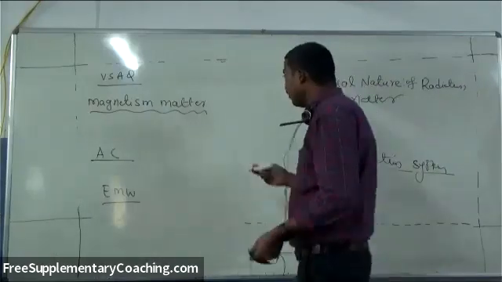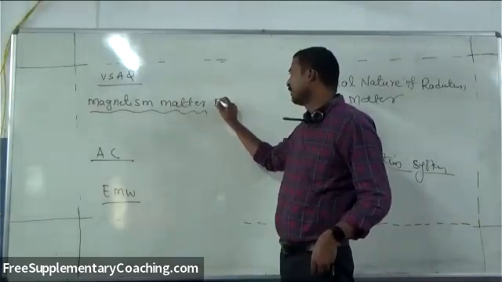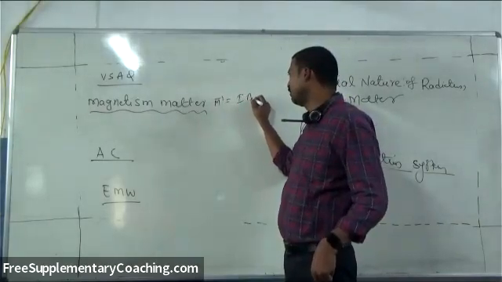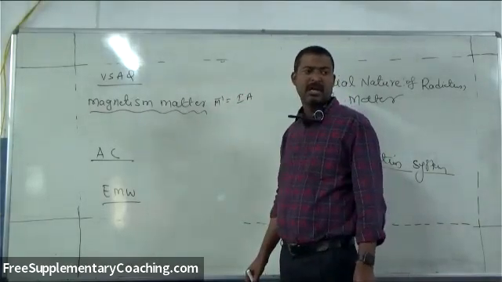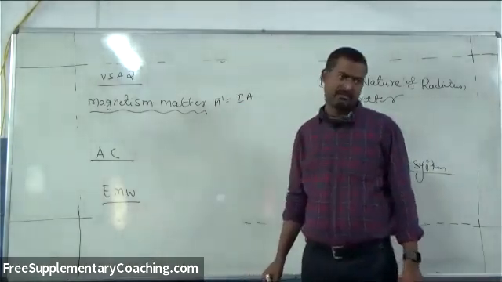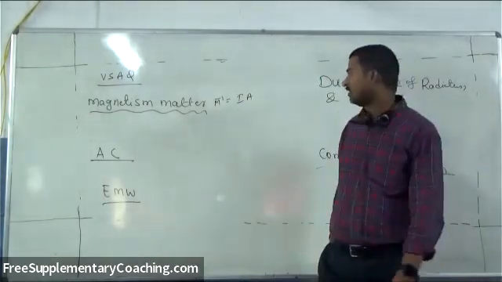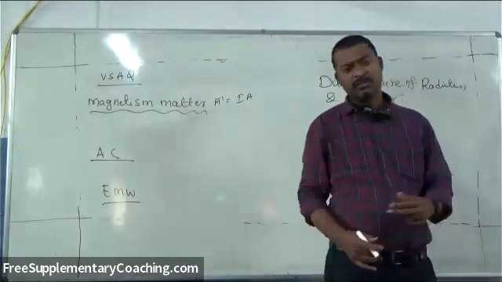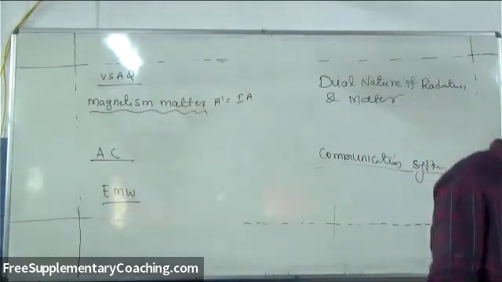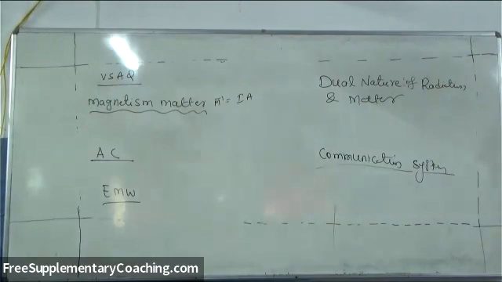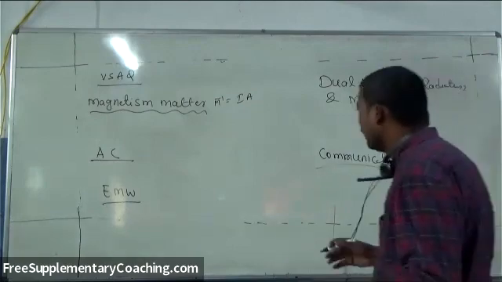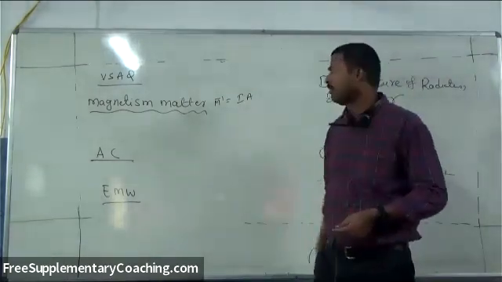Basically, magnetic moment M is equal to I into A. What is I? Current. What is A? Area. So simply, magnetic moment we can write as I into A.